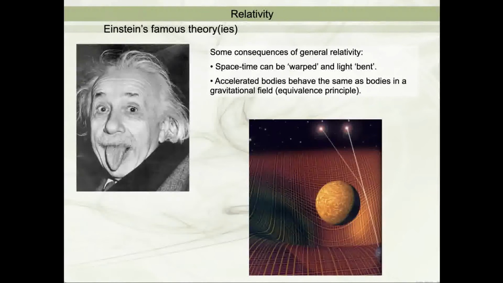If the sun was bigger, and by bigger, I mean not in terms of volume or radius, but in terms of mass, then the dip it would make in space-time would be deeper and would extend further. Okay, so mass is really the important quantity here in terms of distorting space-time.